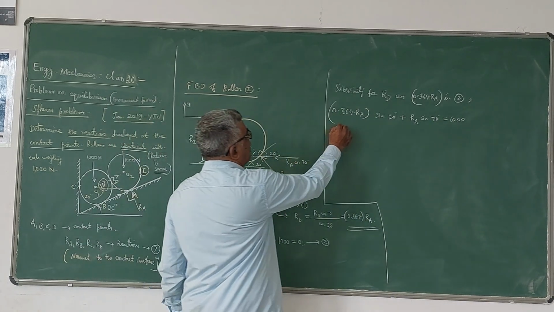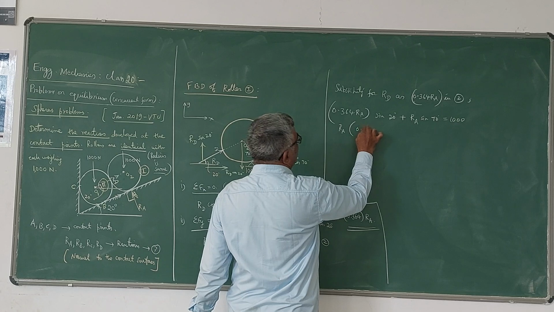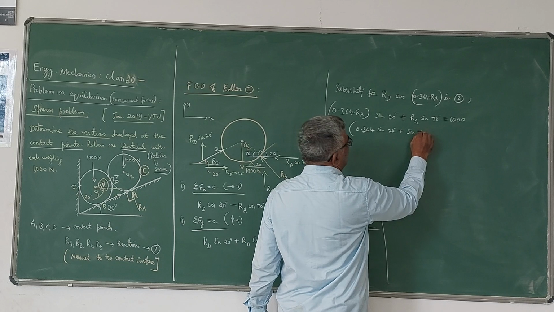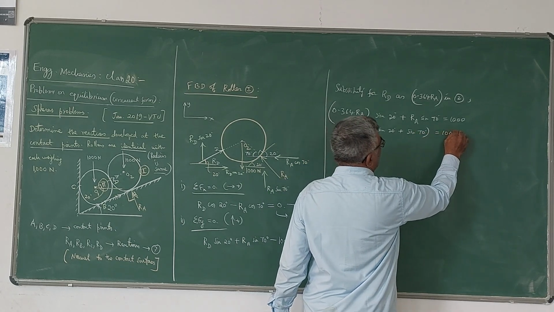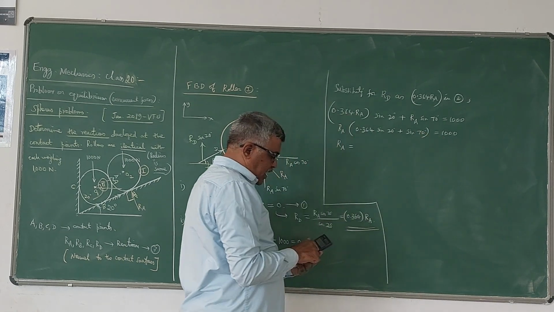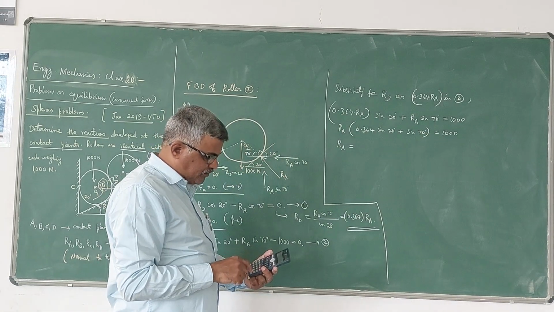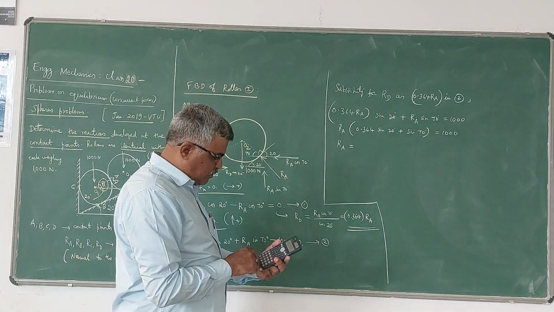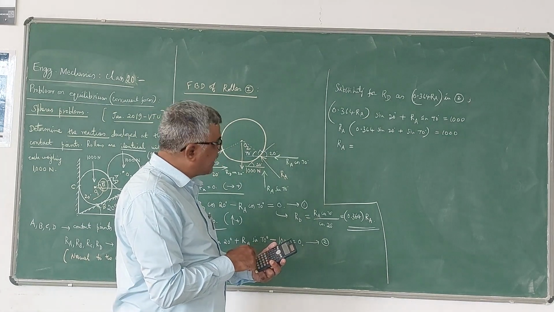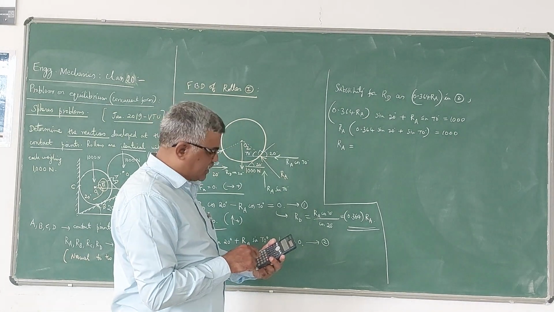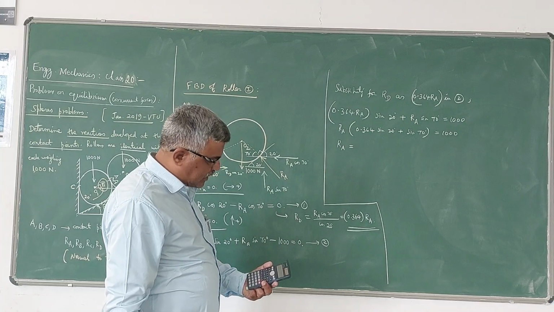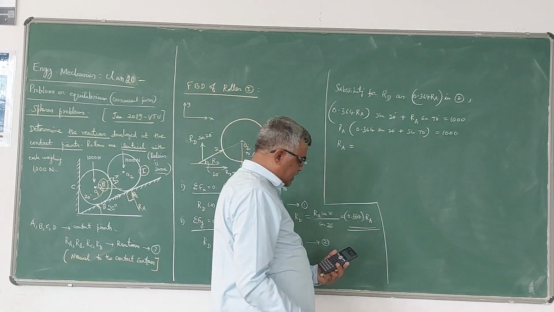Now you can take RA common here. So you will be getting RA into 0.364 times sin 20 plus sin 70 is equal to 1000. Therefore, RA is equal to 1000 divided by 0.364 into sin 20 plus sin 70. So the answer is 939.68.